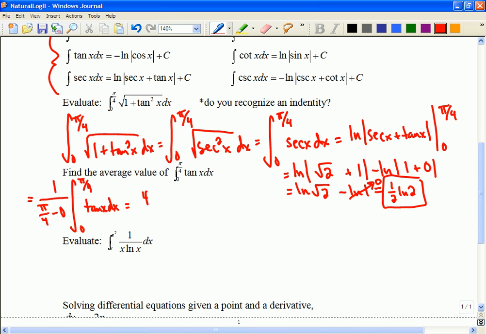So I end up with 4 over pi and the integral from 0 to pi over 4 of tan x dx. So this is going to be the negative, I guess we might as well call it negative 4 over pi times the natural log of the cos x from 0 to pi over 4.